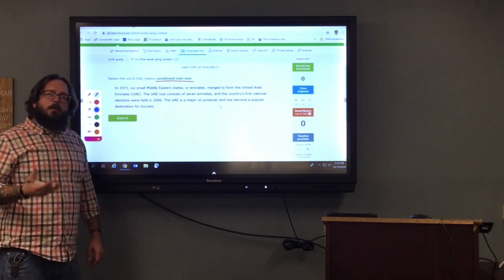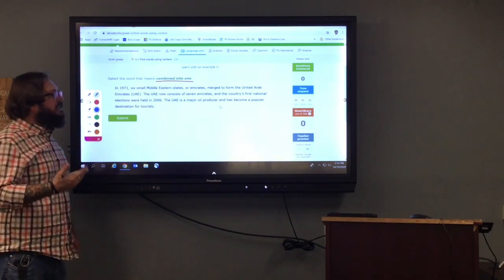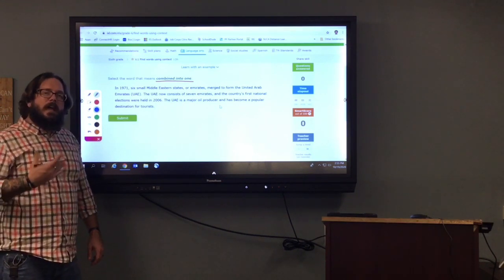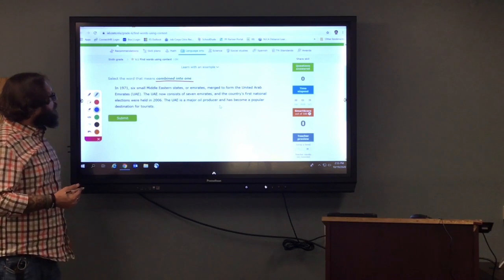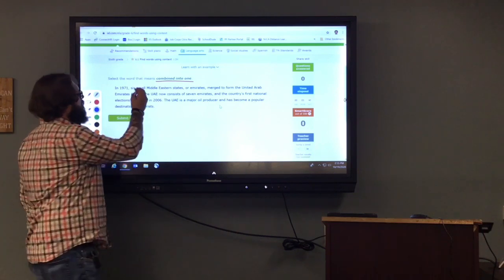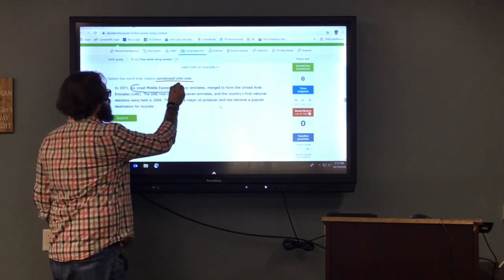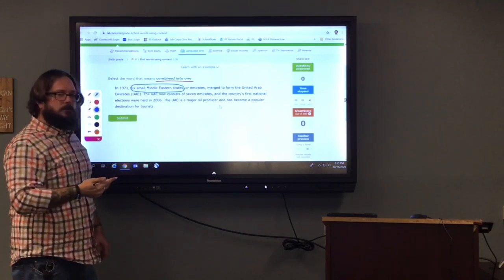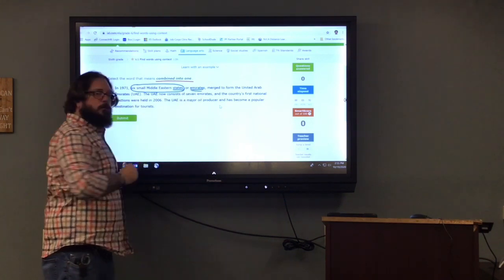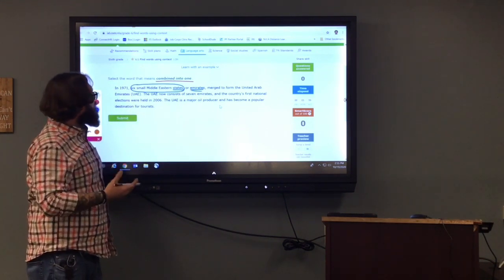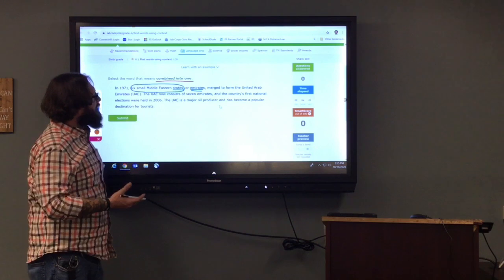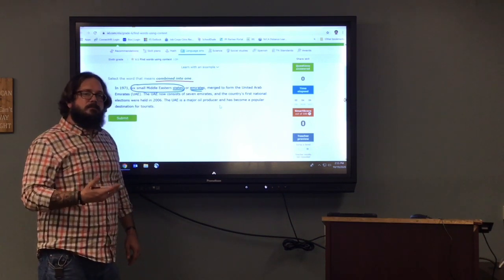Now, once again, we want to look for the word that means combined into one. Let's see if we can identify some clues that will help us figure that out. So at the beginning of the passage, we're told that 6 small Middle Eastern states or emirates. Okay, so what it's doing is defining the word states as emirates, merged to form the United Arab Emirates. 6 small Middle Eastern states merged to form the United Arab Emirates.